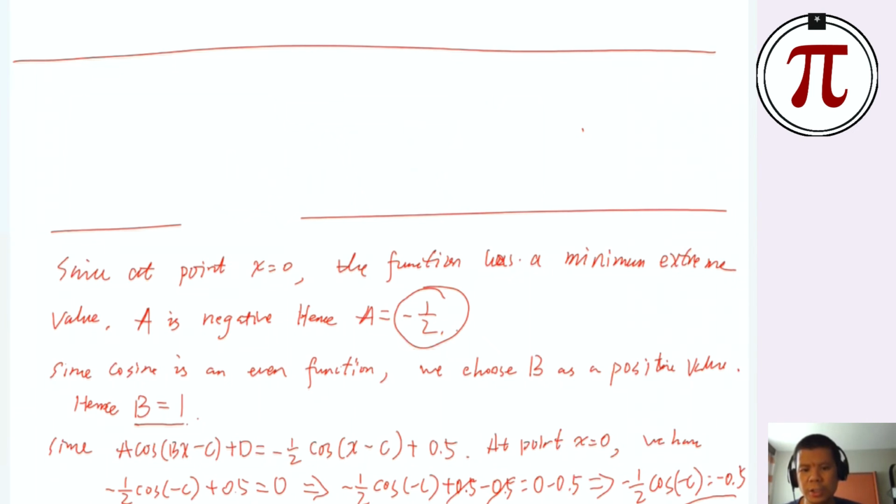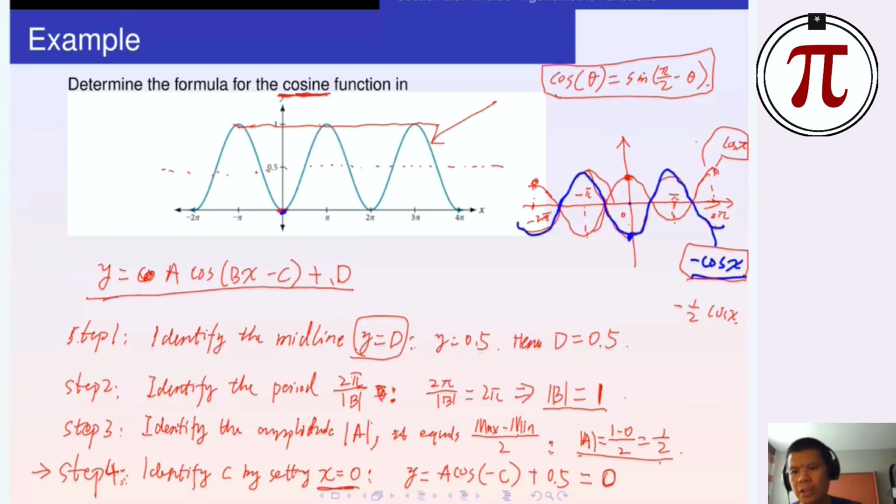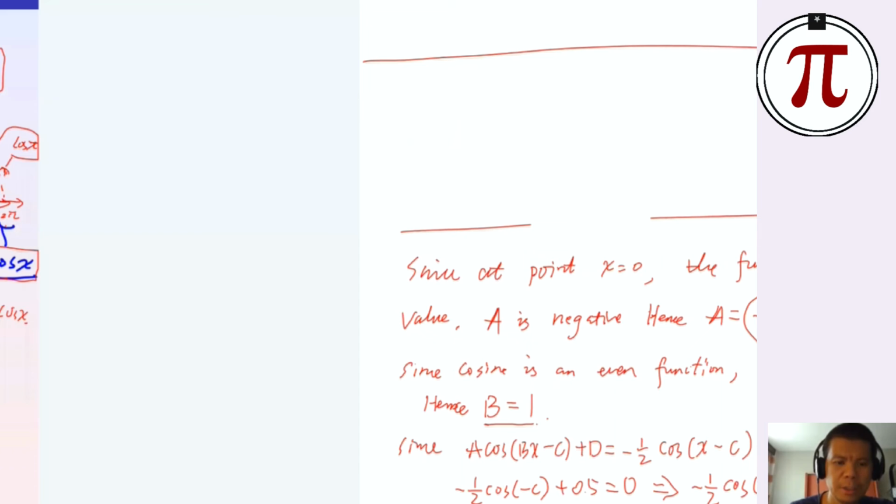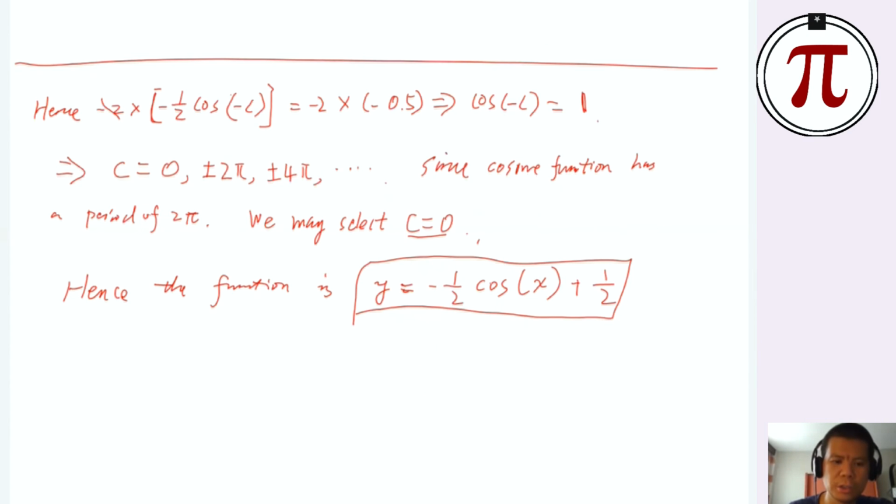It's an even function, so we can just choose a positive value, because cosine of negative and cosine of positive are the same.